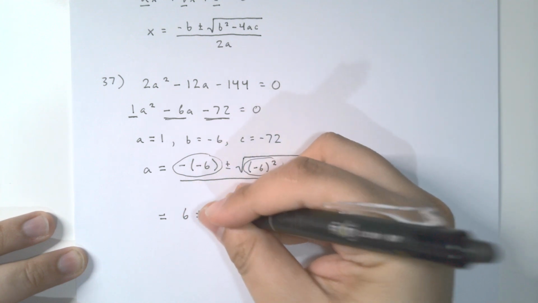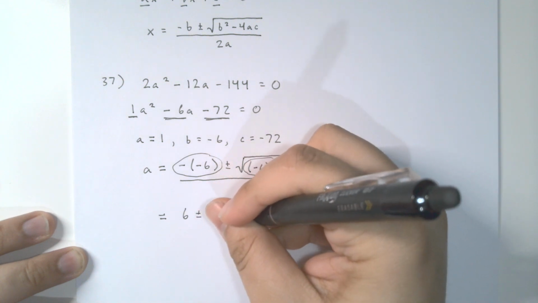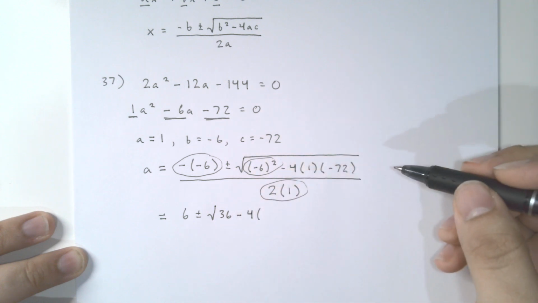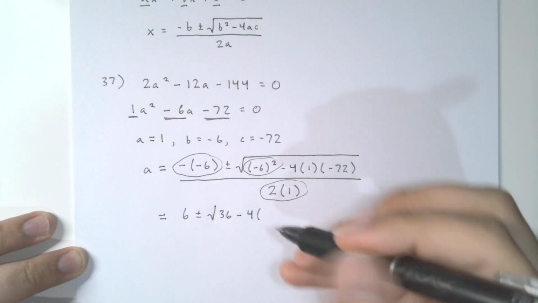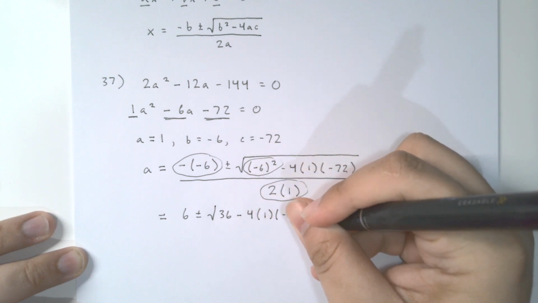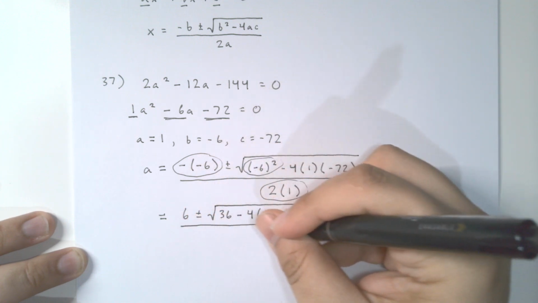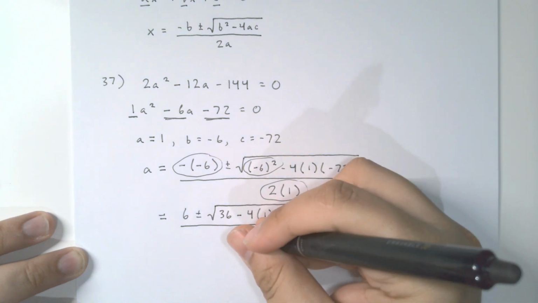And for the inside of the square root, we have negative 6 squared, so 36 minus, and I usually write out the 4ac part here, so 4 times 1 times negative 72. And then 2a, we have 2 times 1, which is just 2.